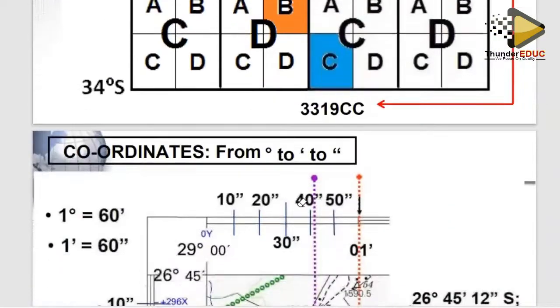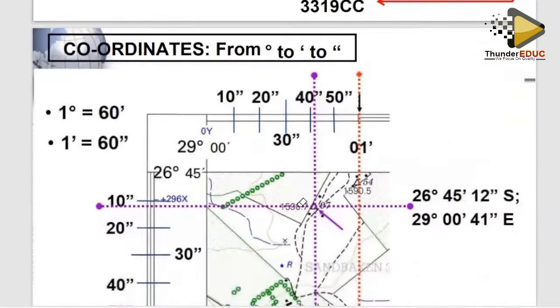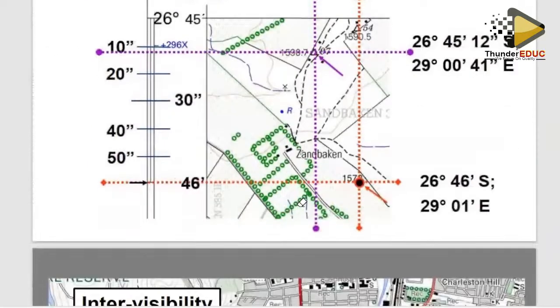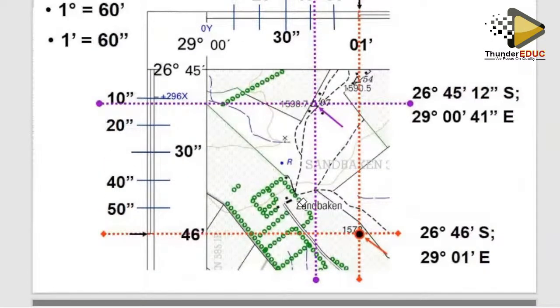We move on to the coordinates. With the coordinate system, for us to locate exact positions, we need to do some calculations. And basically, I will summarize how we pick our coordinates from the given map information. Right. What you need to know when you are reading your topographic maps, when you are asked to calculate the exact position, is that they already have degrees and minutes provided for you.